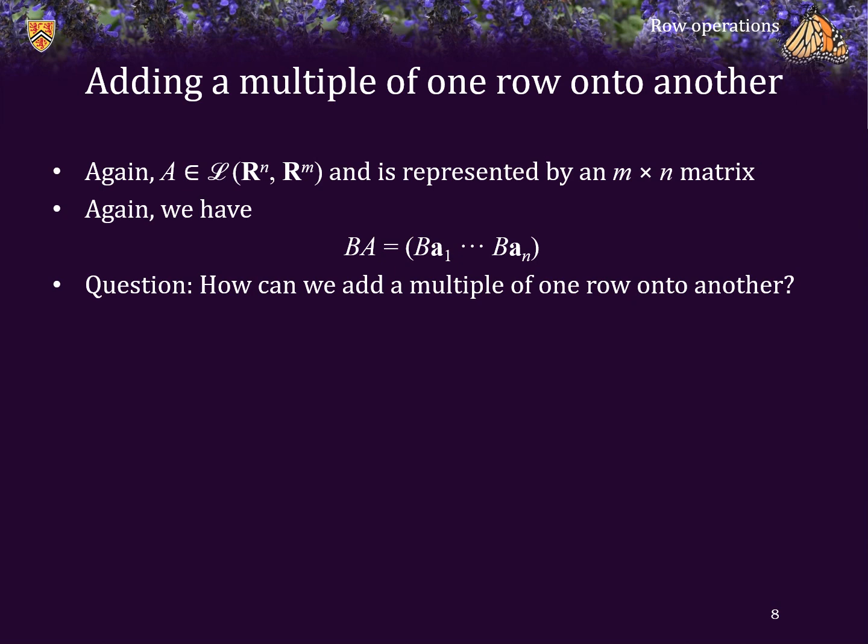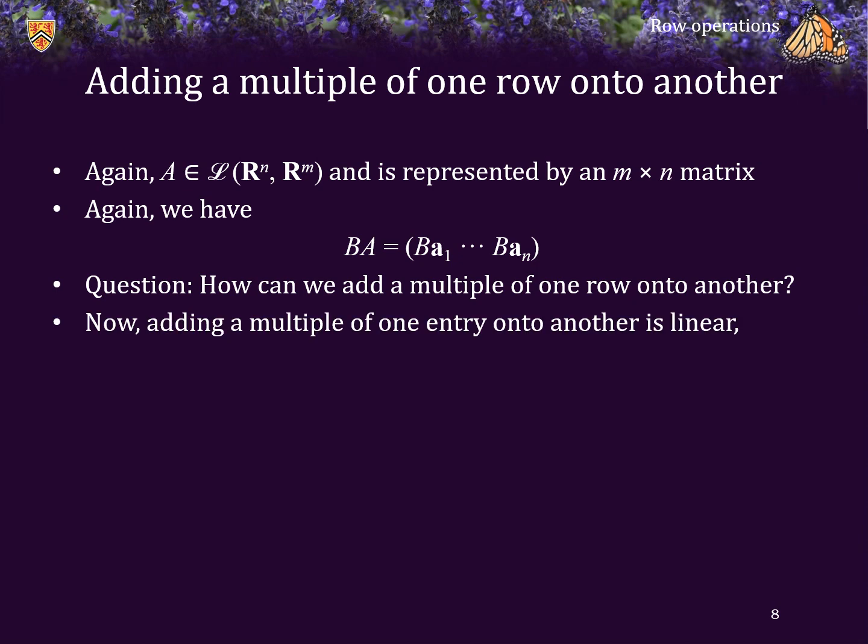Well, we need a matrix B that adds one entry of each vector, or a scalar multiple of one entry, to another for each of those vectors. So if we perform the same operation on each of the column vectors from A1 through AN, that will have the effect of adding a multiple of one row onto another.